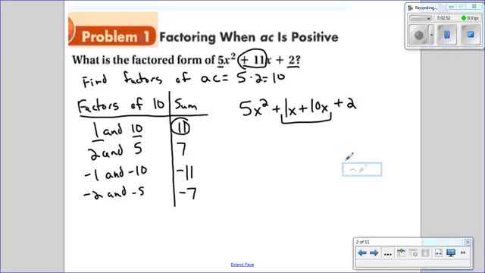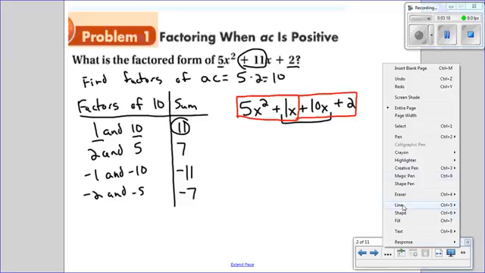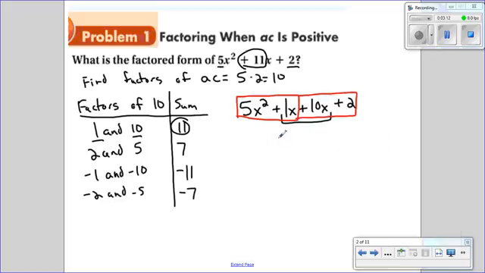Next step is to separate these two. Make that right there a little binomial that we're going to look at, and this right here, a little binomial that we're going to look at. And now what we have to do is find the GCF of each binomial.